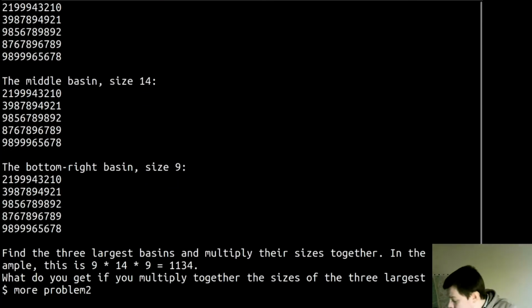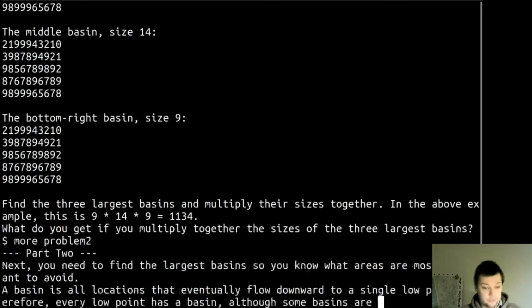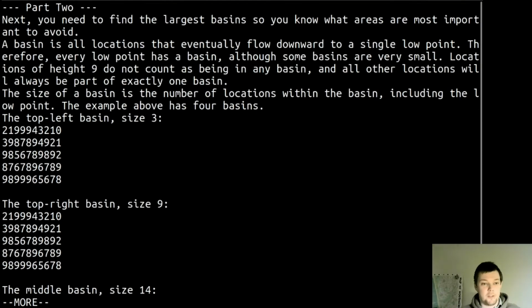Right then, read the problem statement out loud, followed by 1 minute of silent contemplation. Next, you need to find the largest basins so you know what areas are most important to avoid. A basin is all locations that eventually flow downward to a single low point. Therefore, okay, so my first thought is this will be dynamic programming.